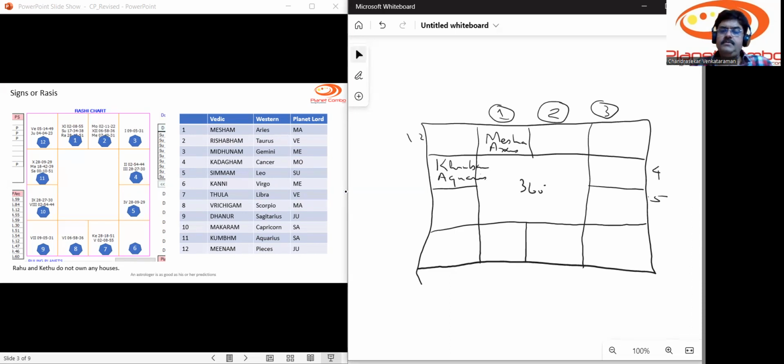Now, each house has a sign lord. Every house has a leader, so each house has a sign lord. I've listed the sign lords of each house in the slide. Just for examples, an easy way to remember how the sign lord architecture works: this is Mars, and directly opposite is also owned by Mars.